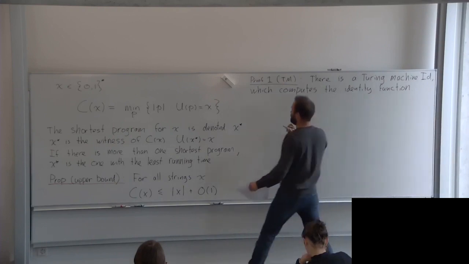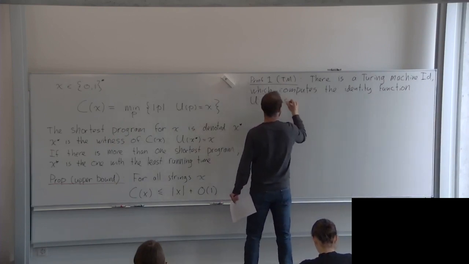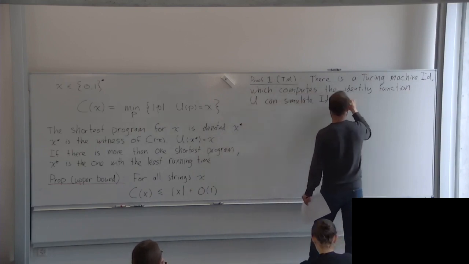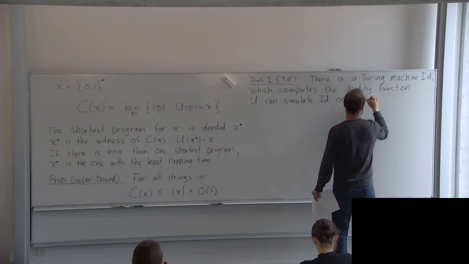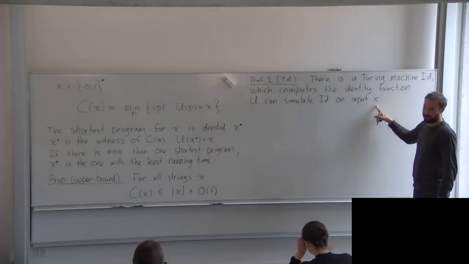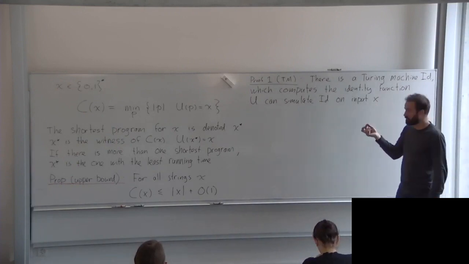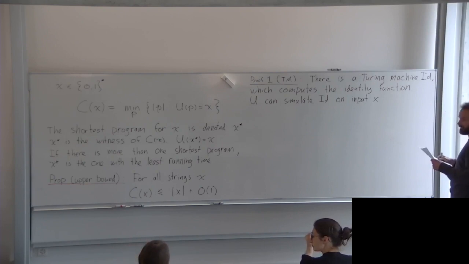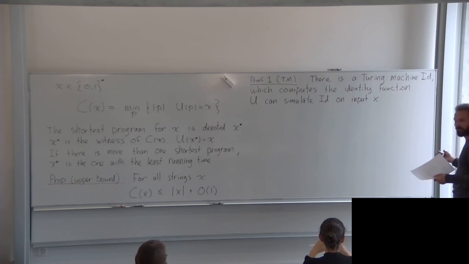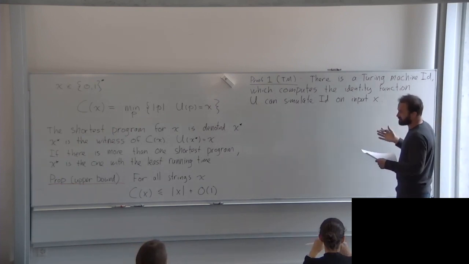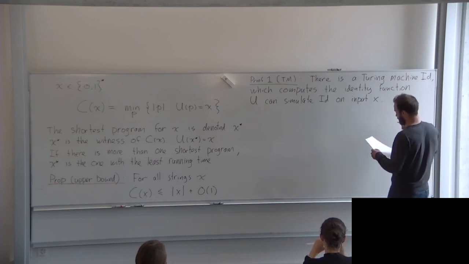You can simulate ID on input X, because ID on input X will produce X. It's a Turing machine which copies its input, basically. So your O(1) is just the length of the encoding of ID, or whatever index I need to call to reproduce the list of rules of ID. That's exactly it. I'm making it explicit, probably for the last time.